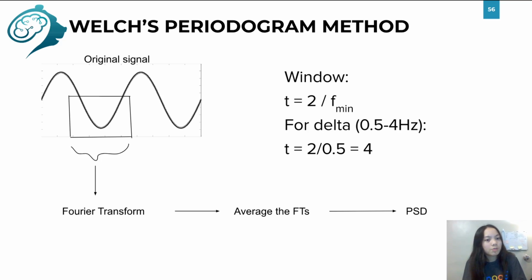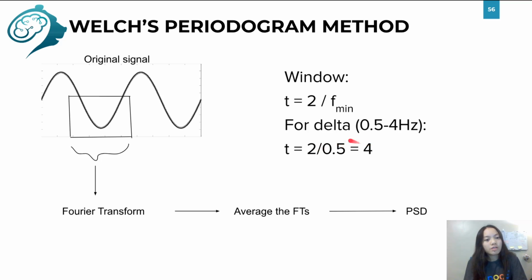So to determine the window size, you'd use 2 full cycles of the lowest frequency of interest. Say we have T, and T would equal 2 divided by the minimum frequency, so 2 divided by 0.5, so the time duration would result in 4 seconds.